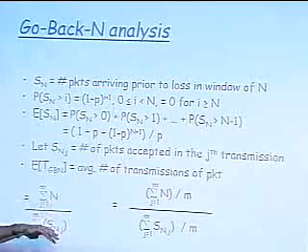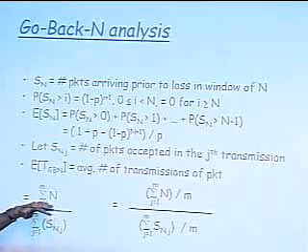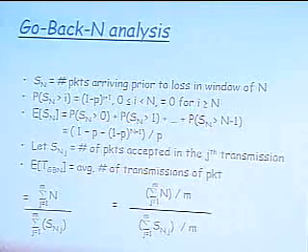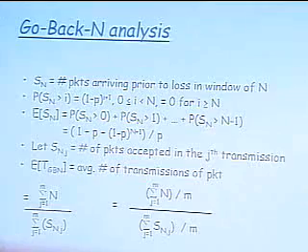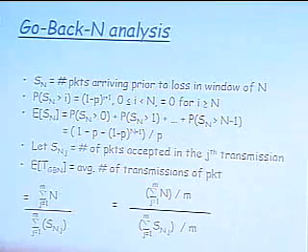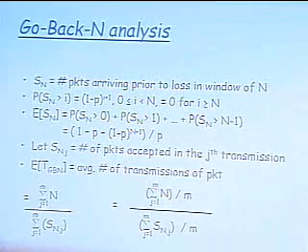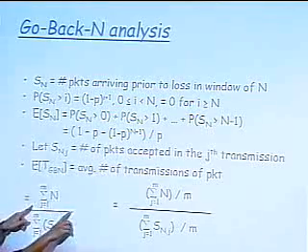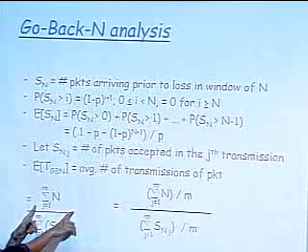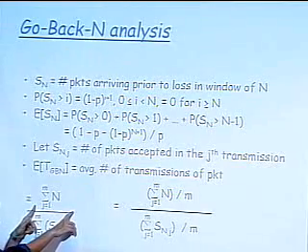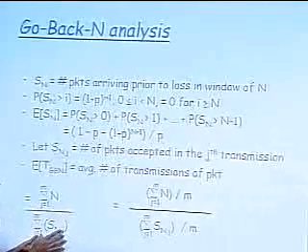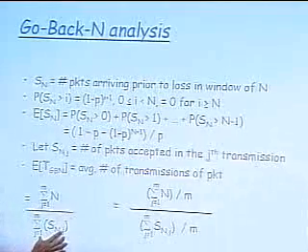So if you look at this ratio, this gives you an idea of the number of retransmissions. Right? You have transmitted m times n packets, but the number of packets which have been delivered successfully is this quantity.